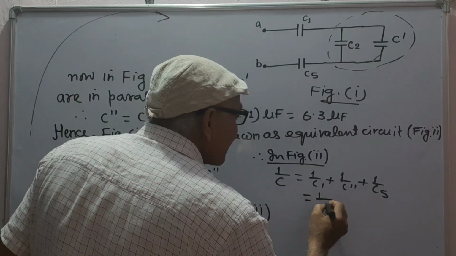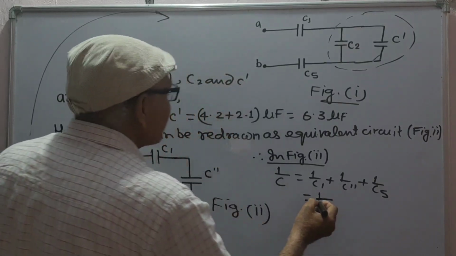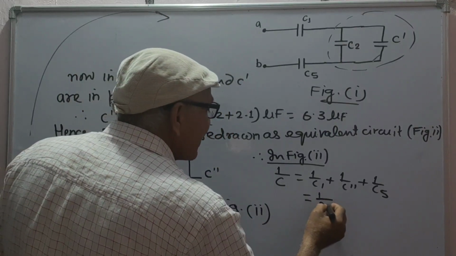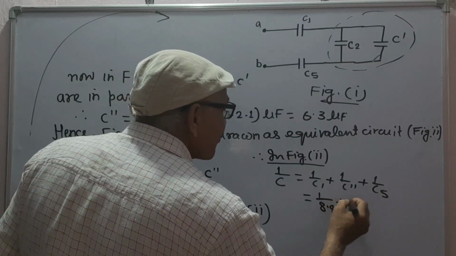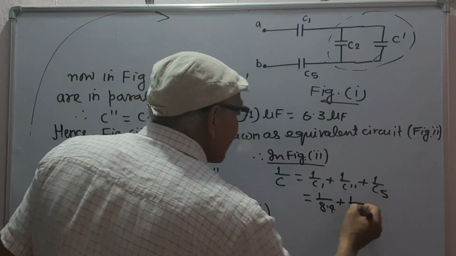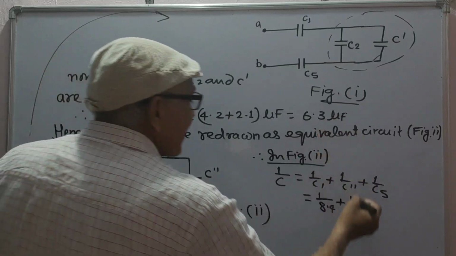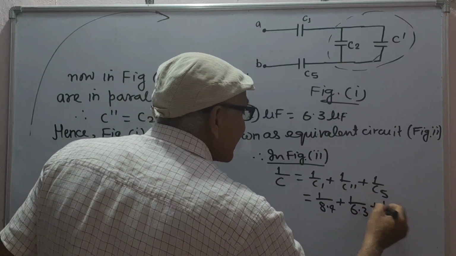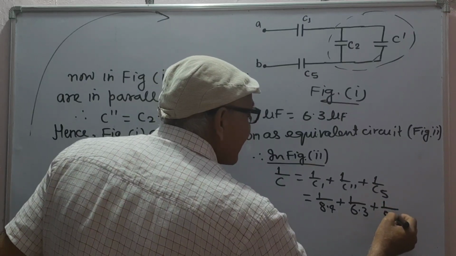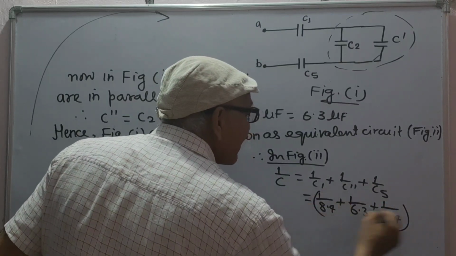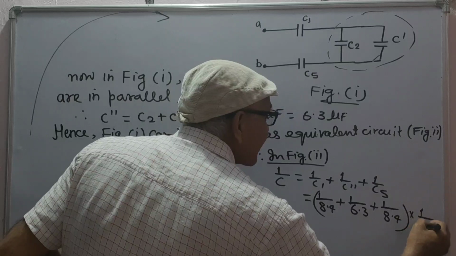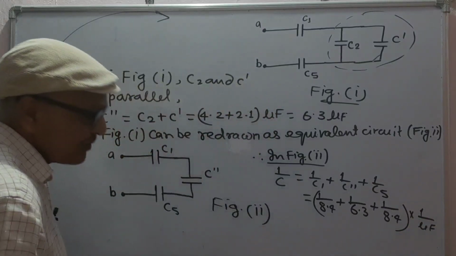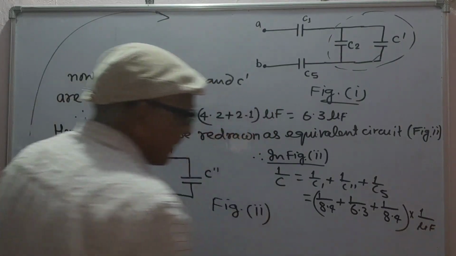1 upon C1, C1 is 8.4, plus 1 upon C double dash is 6.3, plus 1 upon C5 is again 8.4. Microfarad is common to all.